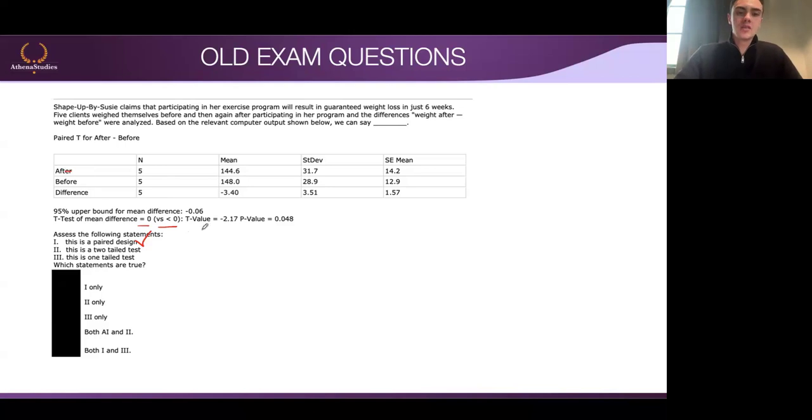So as we said, when the alternative hypothesis is that one mean is lower or higher than the other, it's always one-sided.